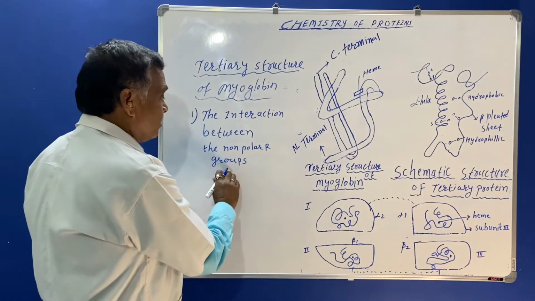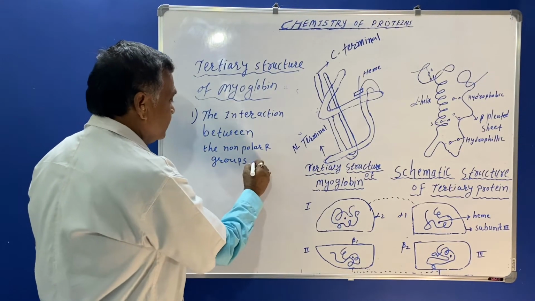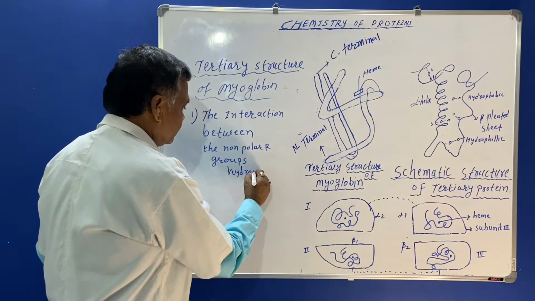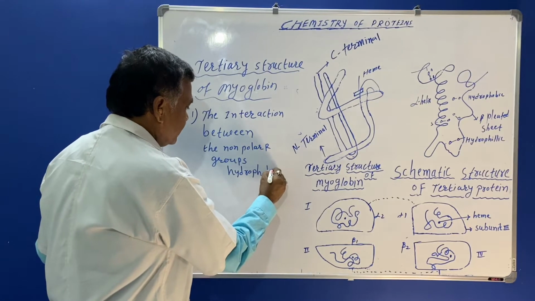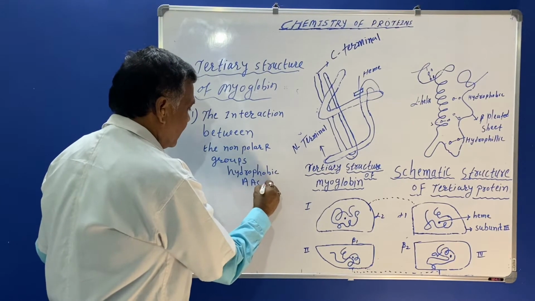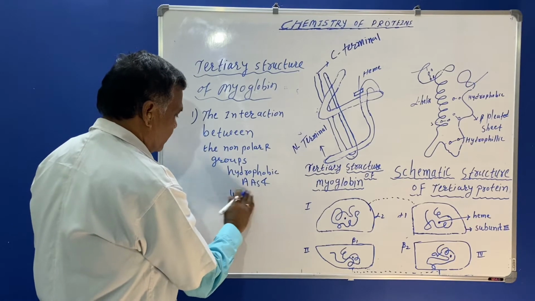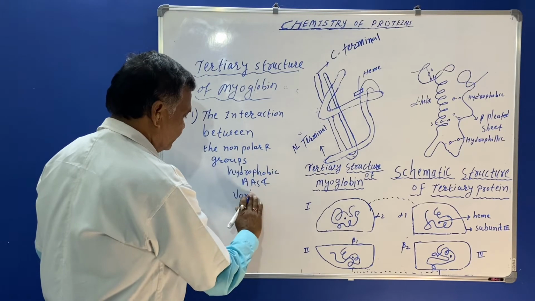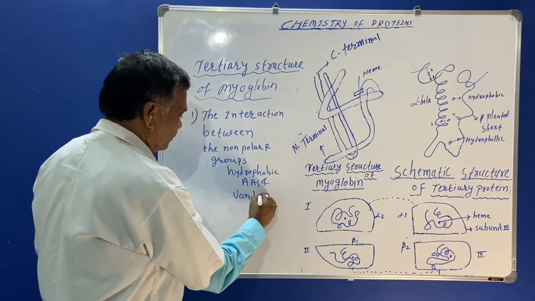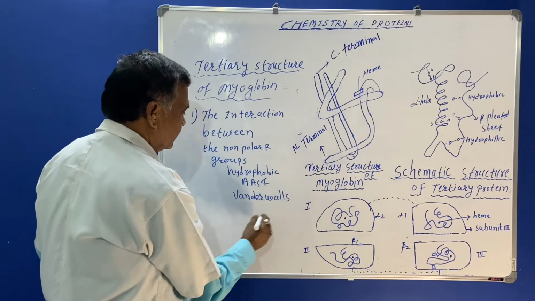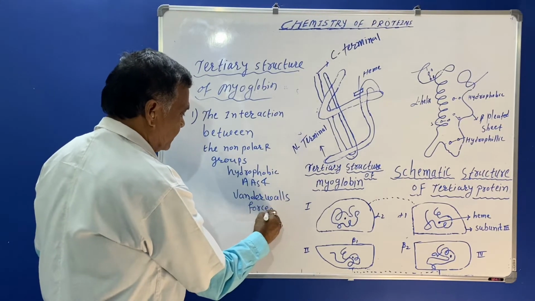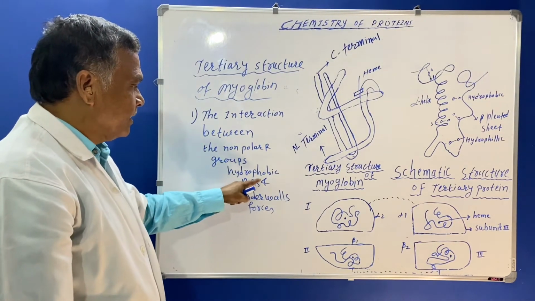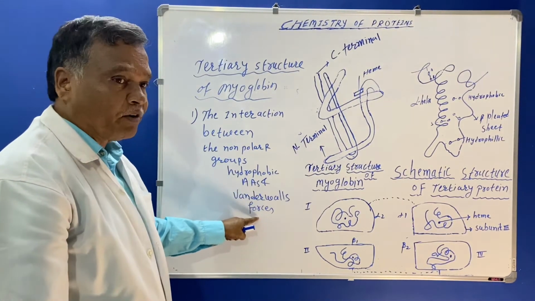Second one, non-polar R groups means the hydrophobic amino acids and van der Waals forces. So the bond takes place between the non-polar R groups, that is hydrophobic amino acids and van der Waals forces.